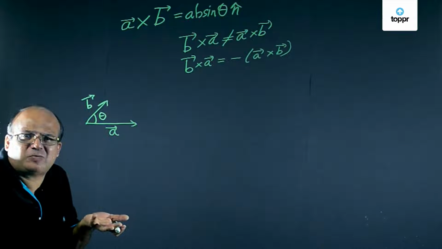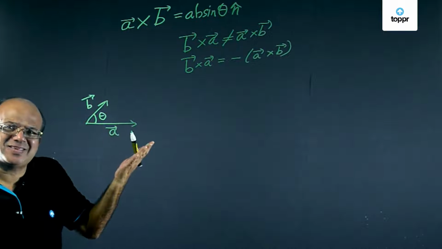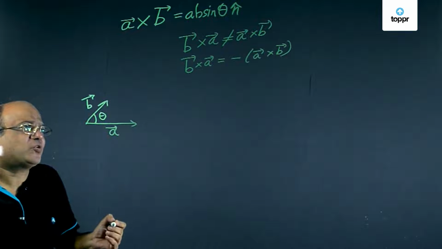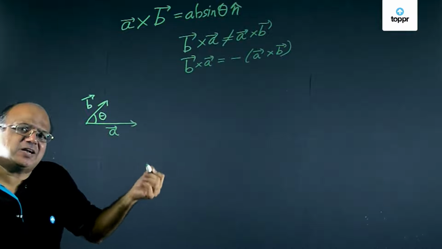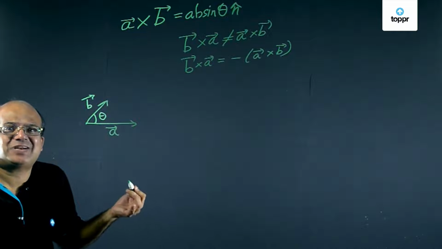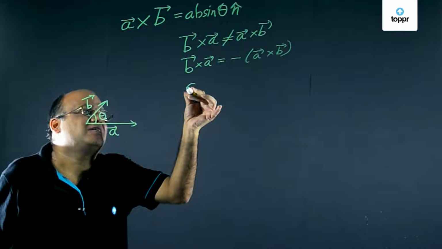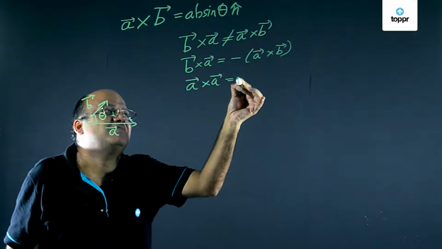When will the cross product be equal to null vector? We know sine of 0 degrees is 0. Therefore, if vectors are parallel or anti-parallel, because sine 180 is also 0, then cross product is null vector. A vector cross A vector is null vector.